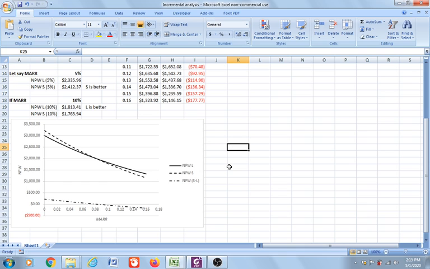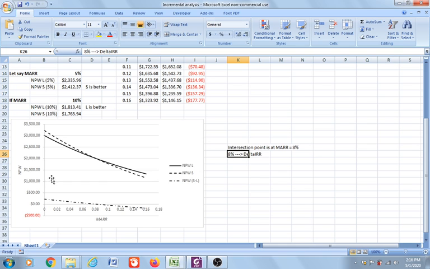The intersection point is at MARR equal 8%, and also at 8%, the NPW of S minus L intersects with NPW equals 0. The 8% we call the delta IRR.